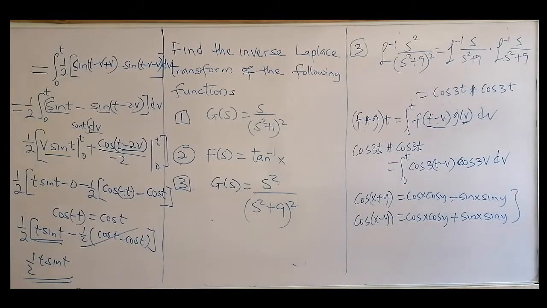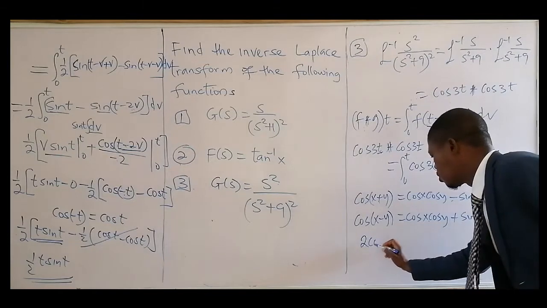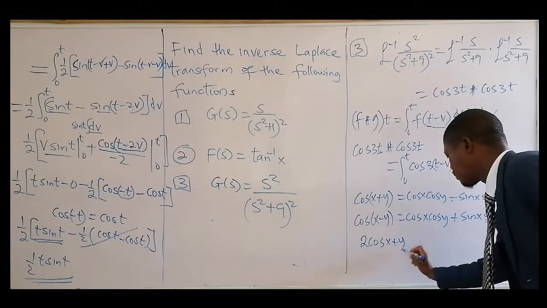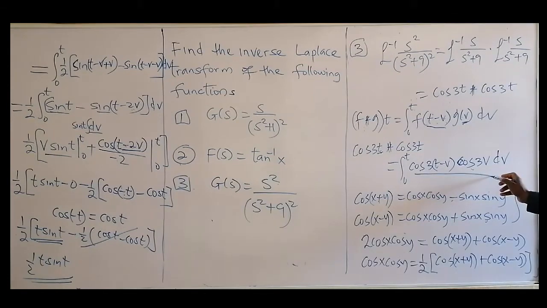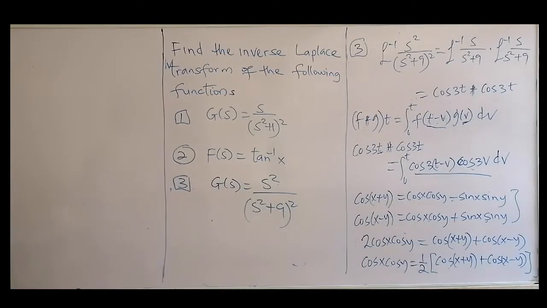How can we get the product of two cosine functions? We add these two equations together, and the sine terms cancel out. Adding them gives 2 cos x cos y equals cos of x plus y plus cos of x minus y.